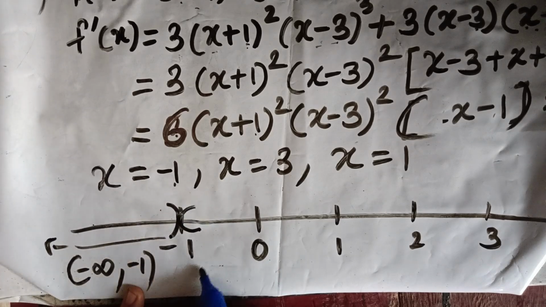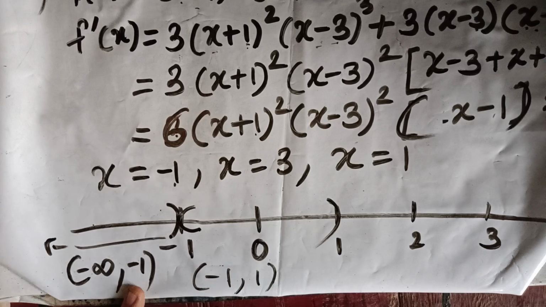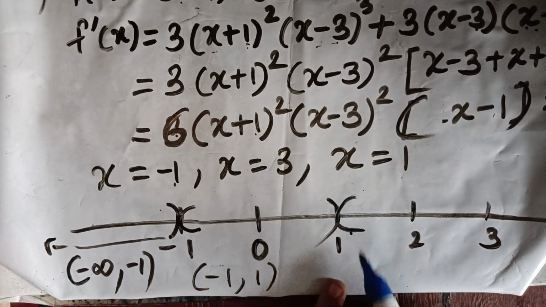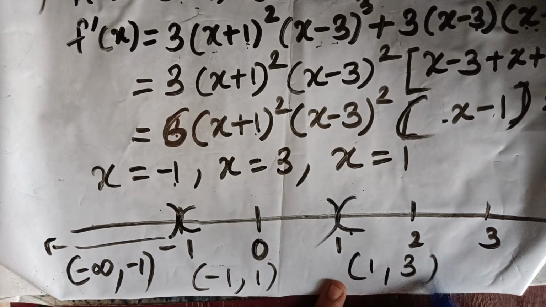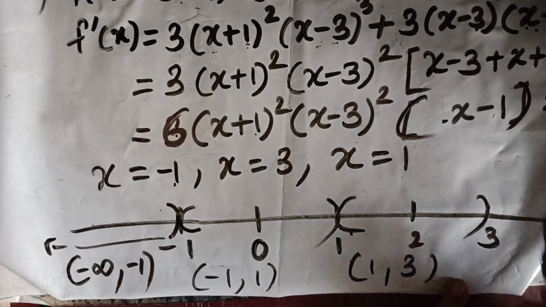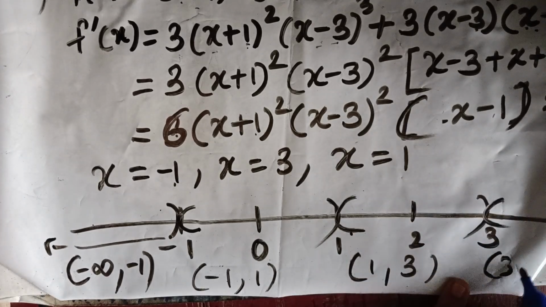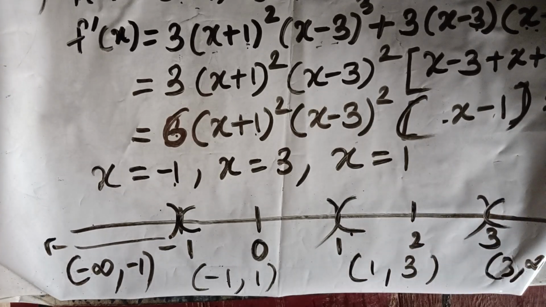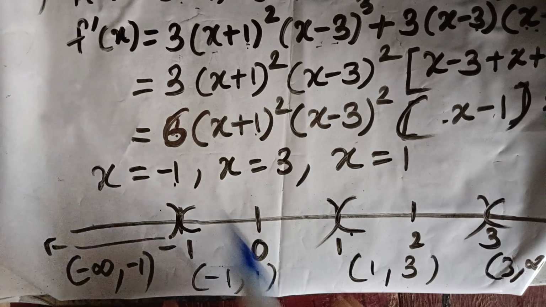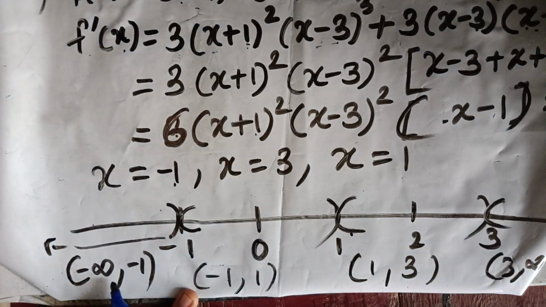Then from minus 1 to 1, and then 1 to 3. And one more is there, 3 to infinity. So 4 intervals are there. Now let's check the sign of f dash of x when we put some values from these intervals.